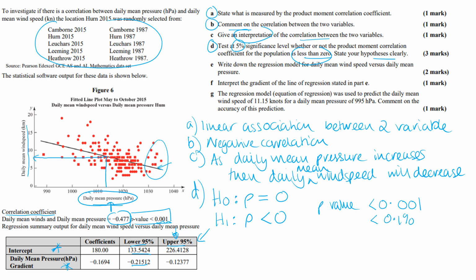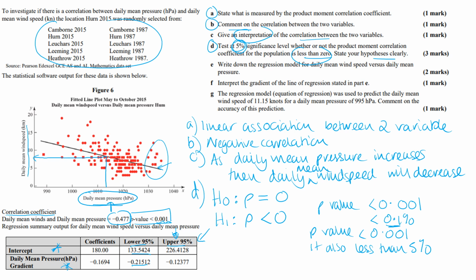Well, we only need to be less than 5%. So as the p-value is less than 0.001, it is also less than 5% because it's even less than 0.1%.